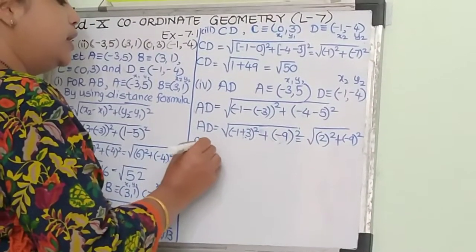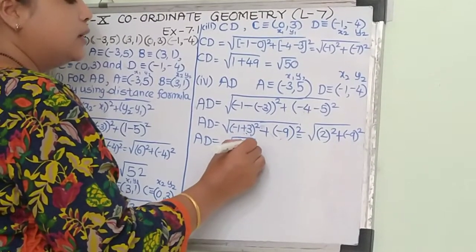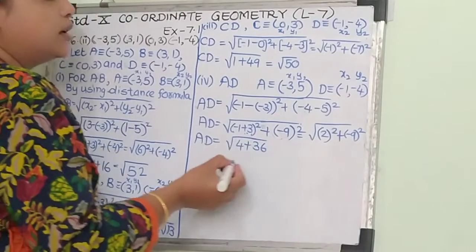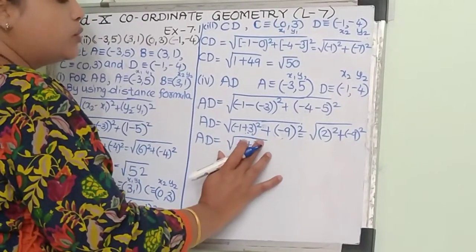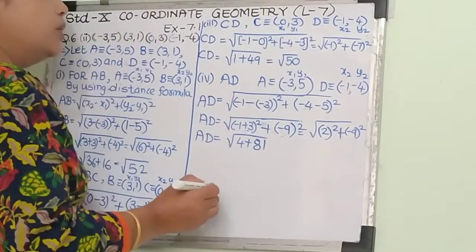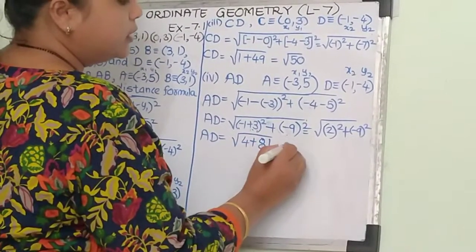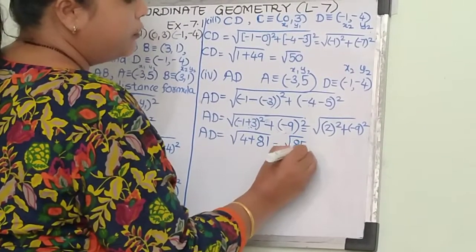So here we get AD equals 4 plus 81, since 2 square is 4 and 9 square is 81. So 81 plus 4, that is 85.